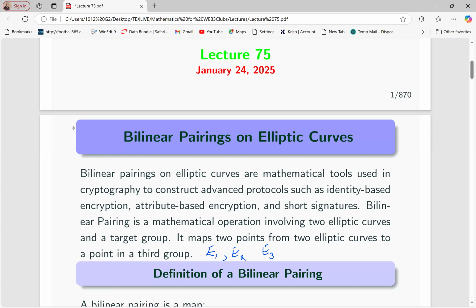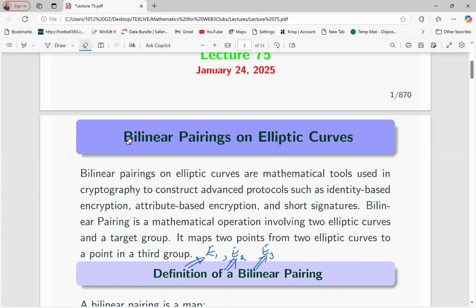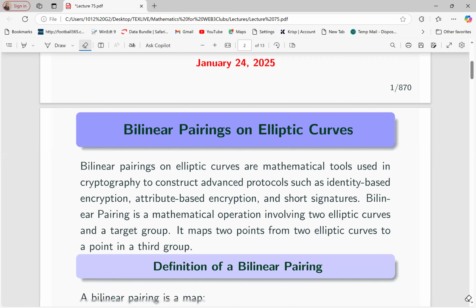What we know is that the points of this elliptic curve would form a group. Points of this one would also form a group, and the points of this one will form another group. So we have three groups here. Points of each elliptic curve together with the identity element form a group, so we have three groups in this case.